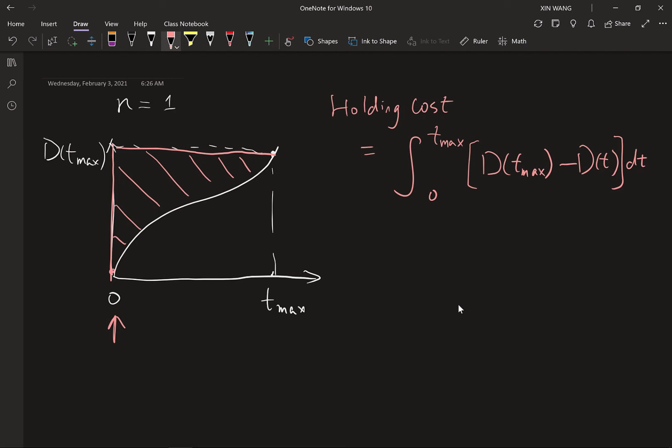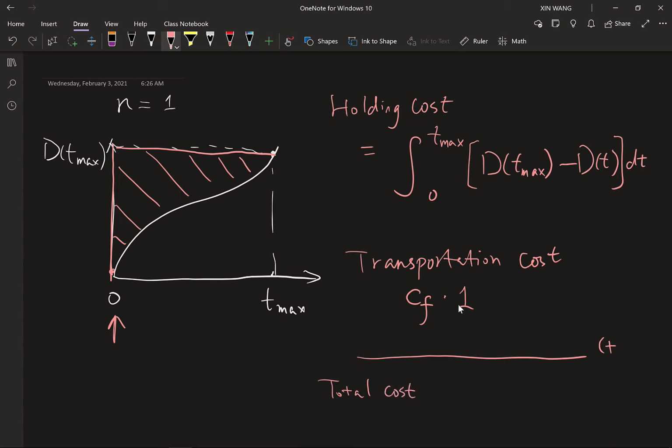This is the only decision, so definitely it is optimal. The total cost will be the holding cost plus the transportation cost. Because we have only one dispatch, we have CF times 1, and the total cost is their summation. So this is the case when n equals 1.